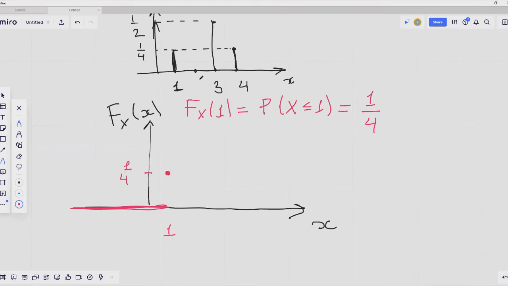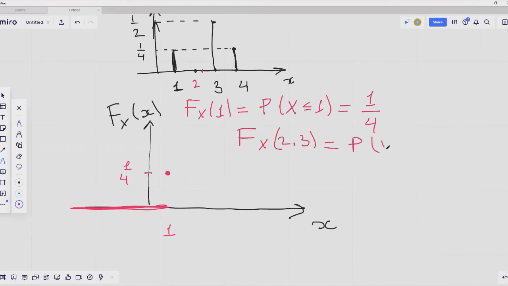Now, let's consider any value, let's say, to the right of 2 here. There are no values for the PMF of our random variable X there. So up to point 3, our function is going to remain constant on that interval from 1 to 3. Let's assume we are looking for the value of the CDF at, let's say, 2.3.